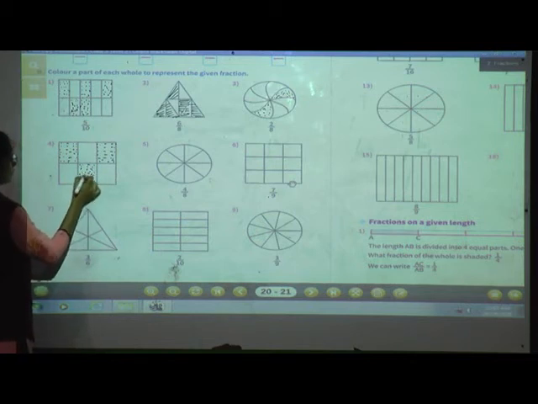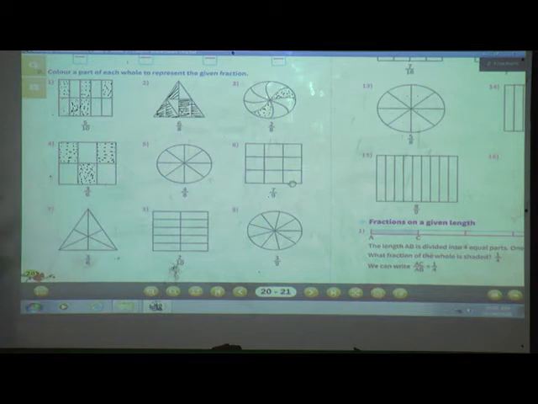Okay, in this way you can show this fraction, that is 3 by 6. 3 by 6 means what? This whole is divided into 6 equal parts. You can count here 6 parts are there. And out of those 6 parts you have to color 3 parts because the numerator is 3. So you have to color 3 parts here.